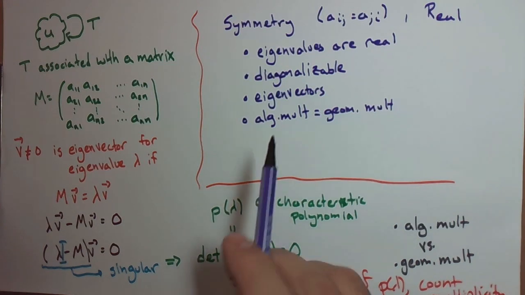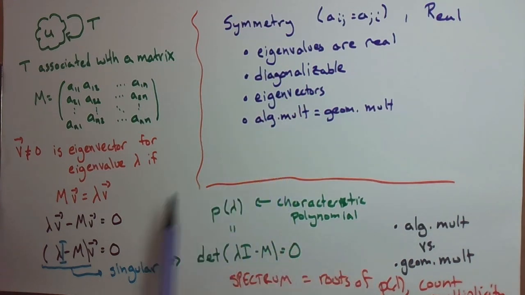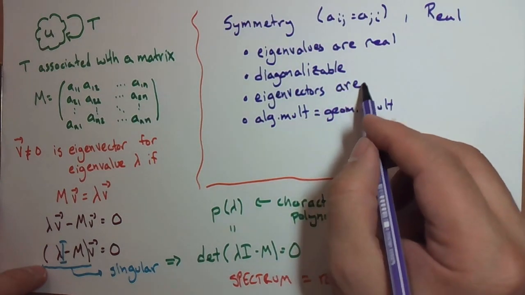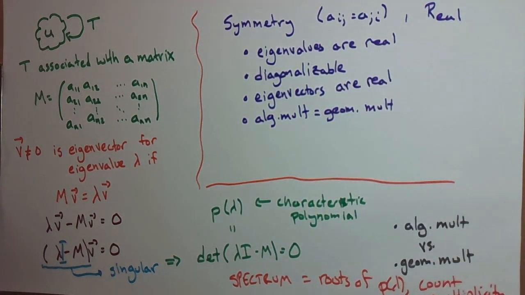But eigenvectors, are they guaranteed to be real? Yes. Are you sure? No. I'm not sure. I think pretty sure. Yeah, because MV equals lambda V. Like we would have to.